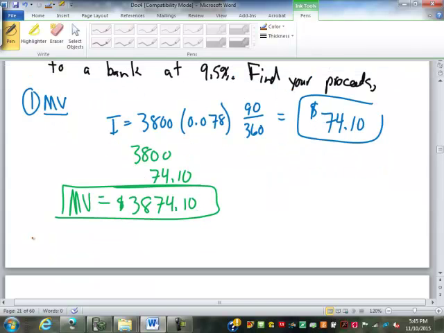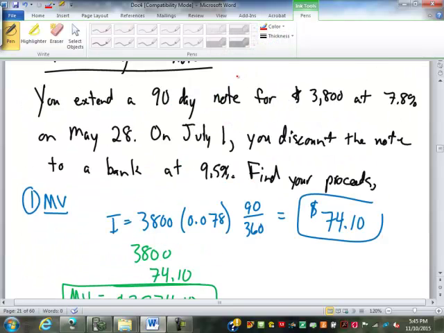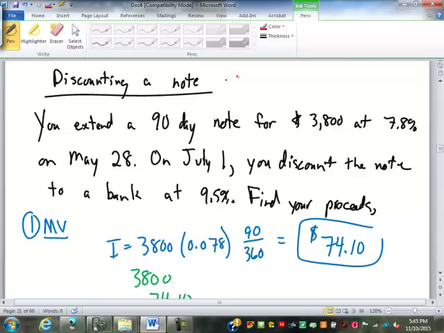Next, we need to find the discount period. Well, this is discounted on July 1st and made on May 28th.